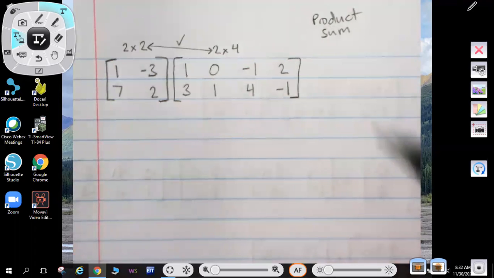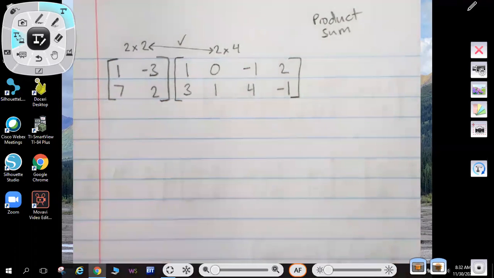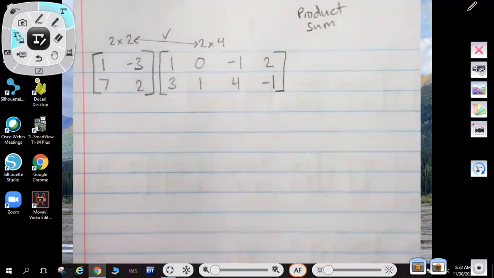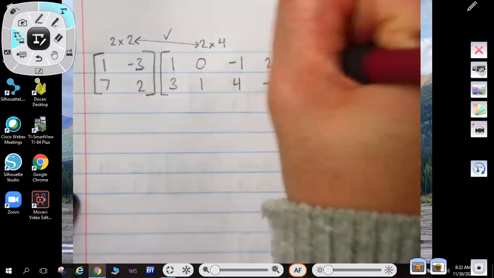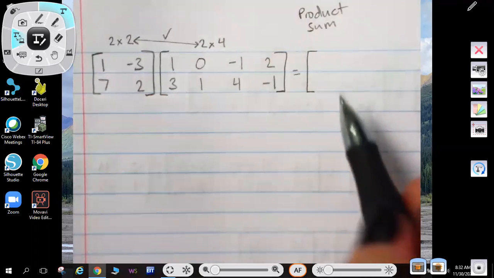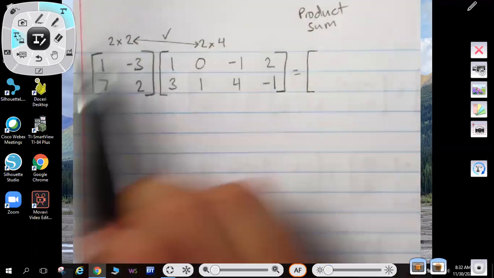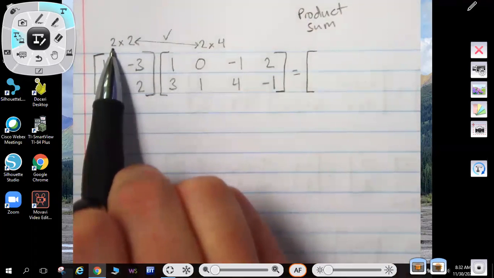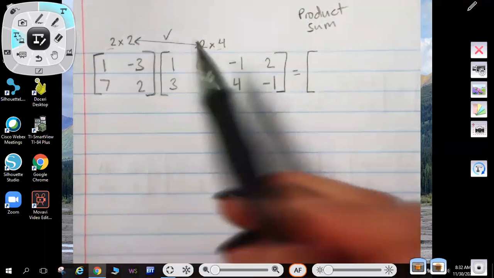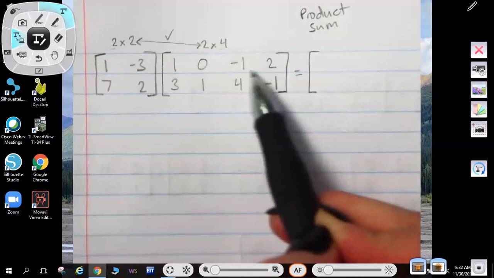So we're going to be doing both of those in order to multiply these matrices together. So we know that our product matrix is just going to have 2 rows because that's what our first matrix has, but it's going to have 4 columns like our second matrix. So it's going to be a 2 by 4 matrix just like this.